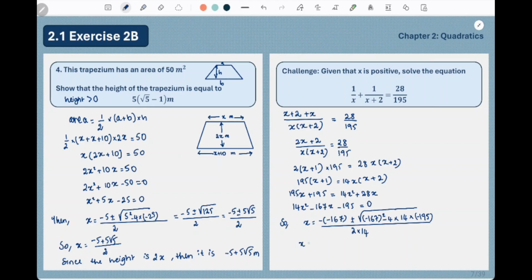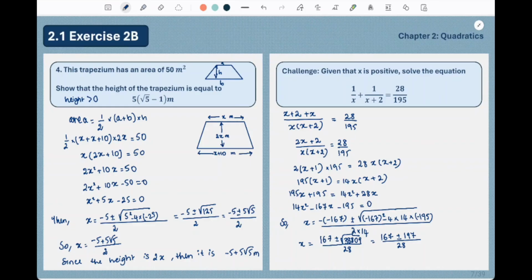Now it's time to simplify. So x is equal to 167 plus or minus the square root of 38809 over 28. So that is 167 plus or minus 197 over 28. Because we know that x is a positive number, we can compute it.